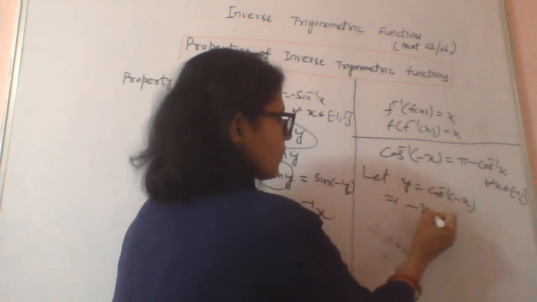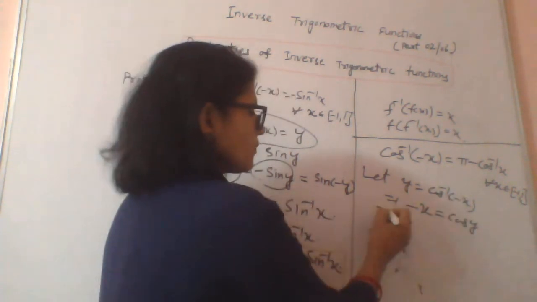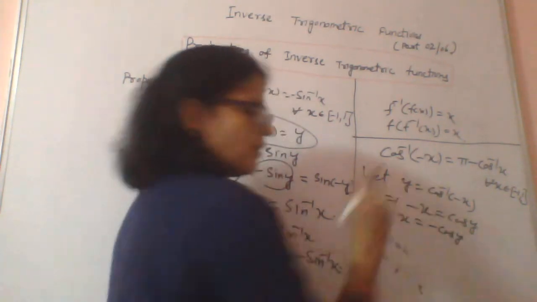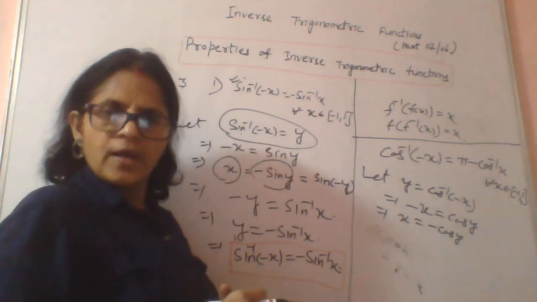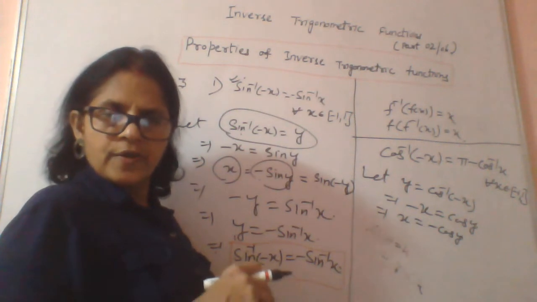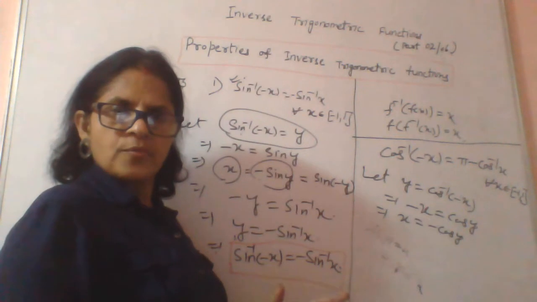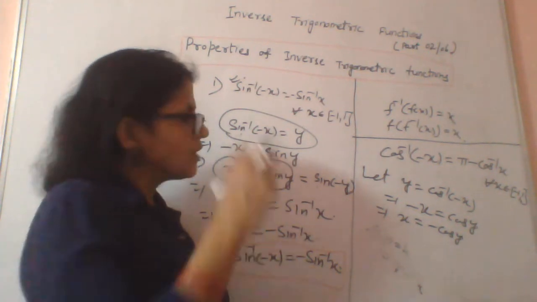It means minus x equal to cos y, or you can say x equal to minus cos y, and cosine is negative in the second quadrant and also in the third quadrant. But we cannot go to the third quadrant, because only when the domain of the cosine function is 0 to pi is the cosine function invertible.